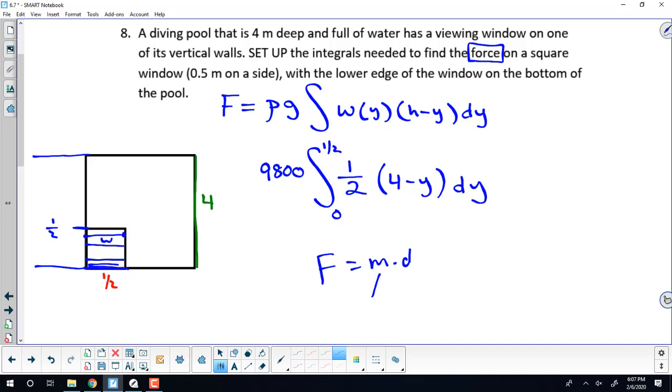I lost my train of thought. The force in this case is caused by gravity.